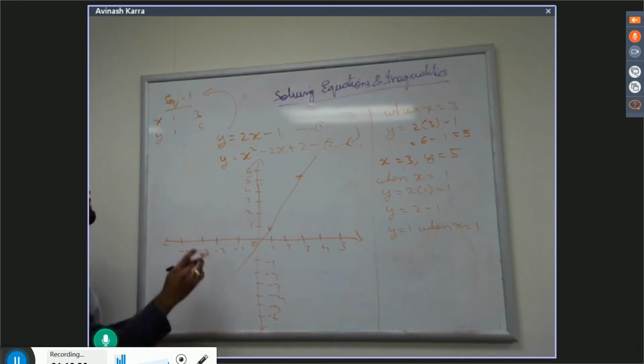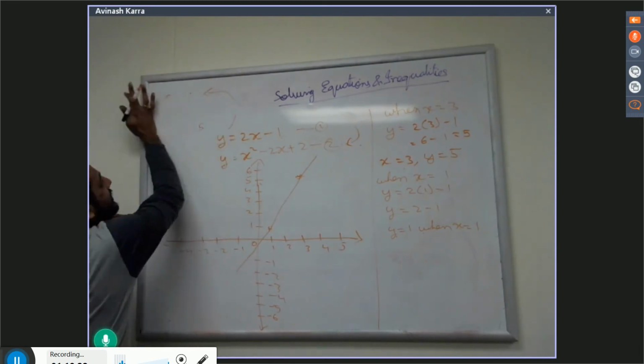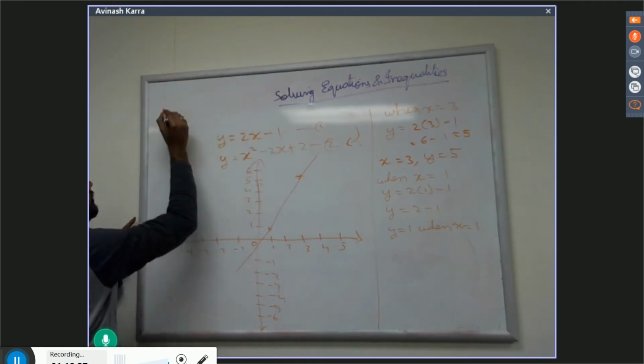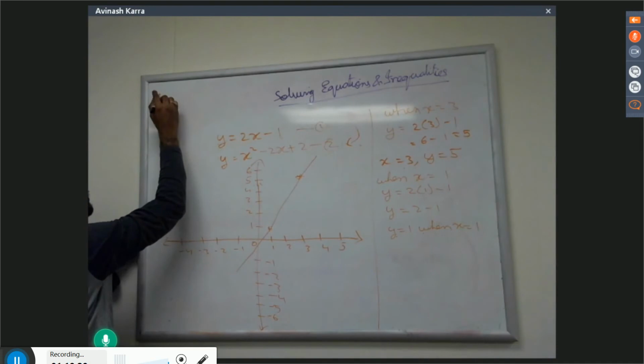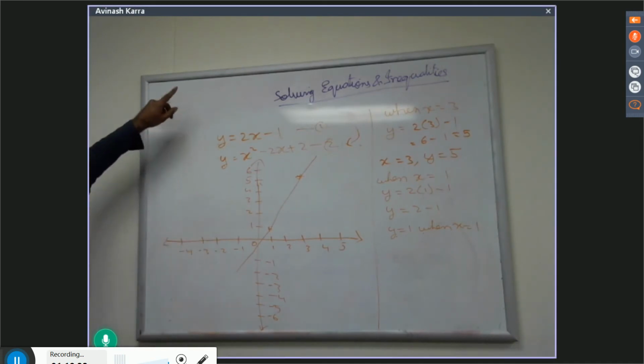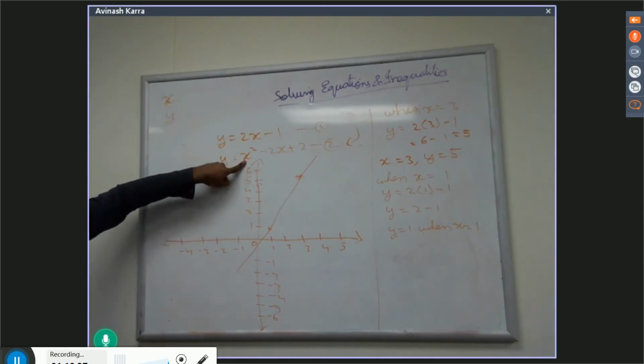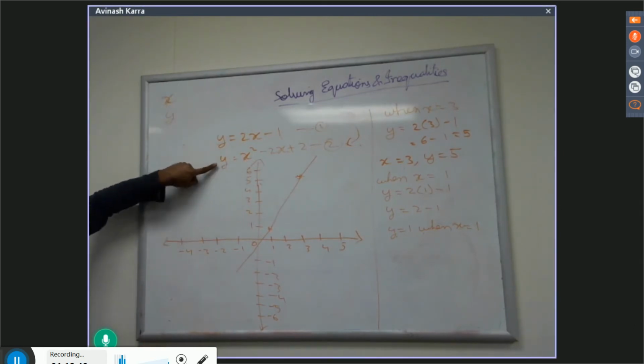Okay. So now let's take equation 2. X and y. When x equal to 1, what will be the value of y?